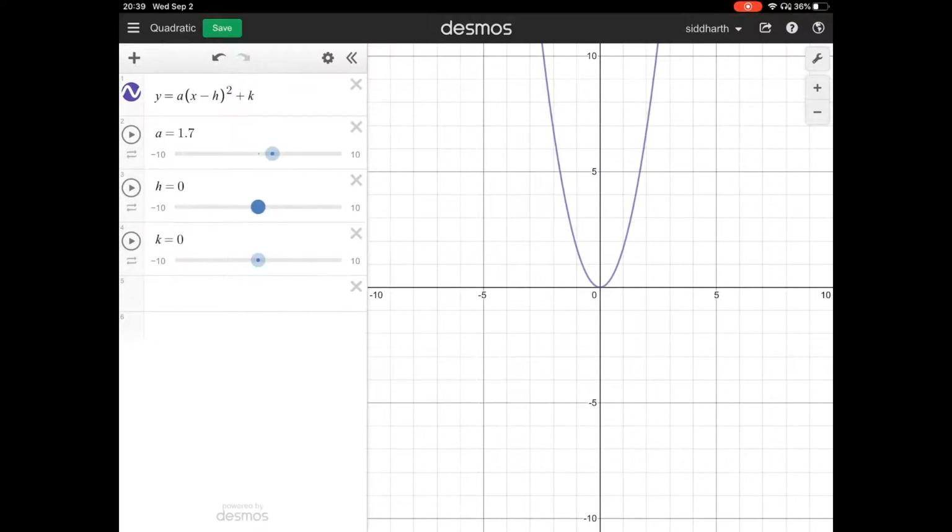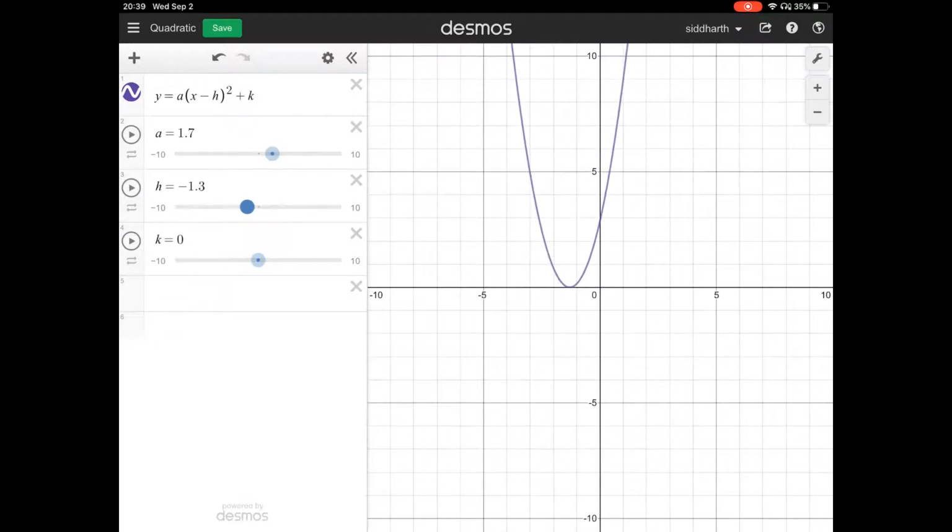Let's look at h now. When I increase or decrease the value of h, you can see that the graph moves along the x-axis. You can see that when h is positive, the vertex is at a positive x, and when h is negative, it is at a negative x.